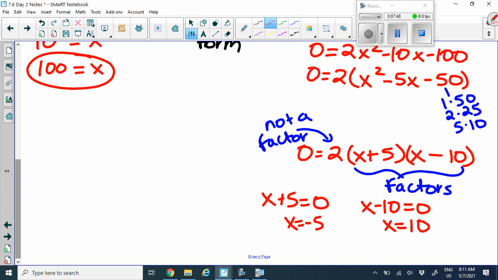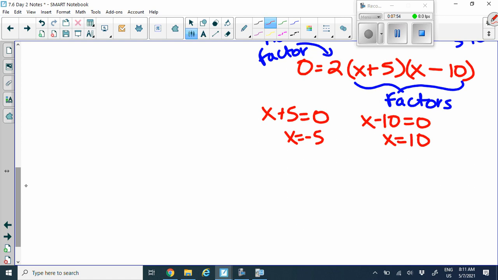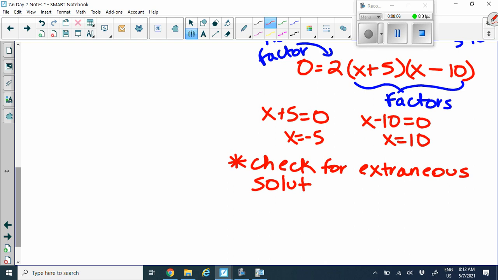Now, before I box or circle this, what I need to do is check for extraneous solutions. Ooh, that word came back again. So we've kind of talked about extraneous solutions, okay?